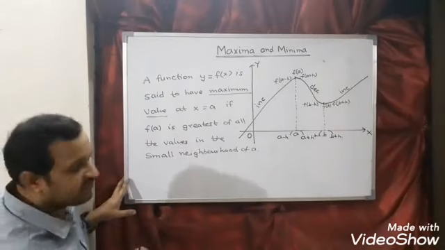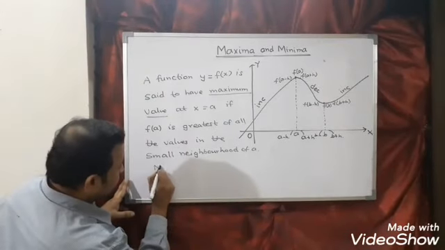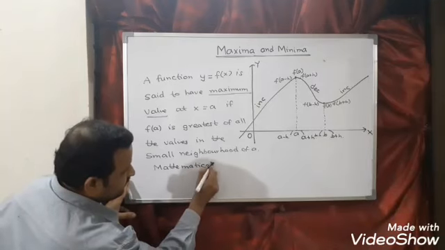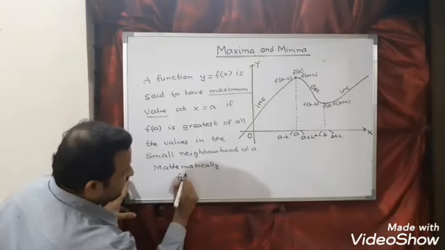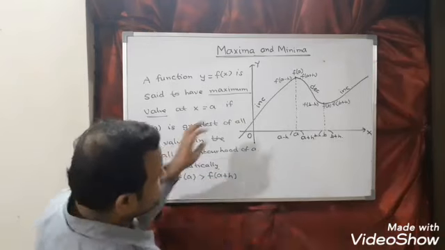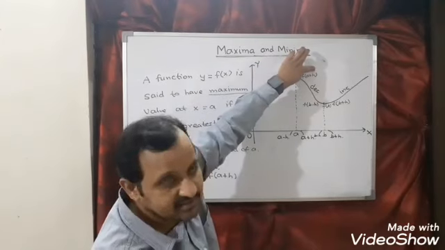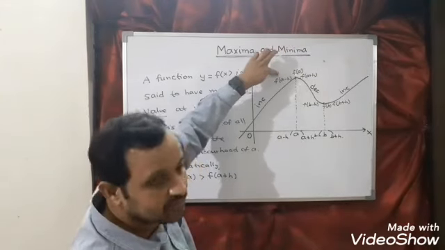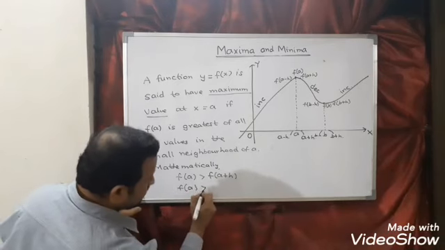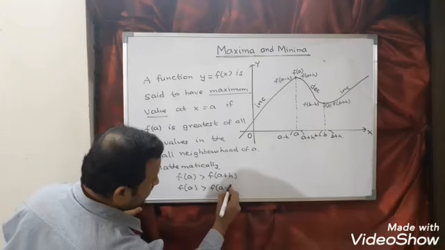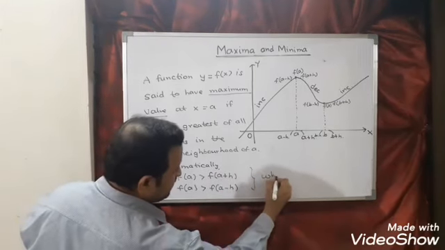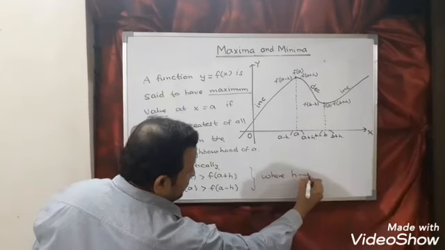So this is the definition of maximum value, and mathematically we can write it as follows. See the figure: f of A is greater than f of A plus h. You can see this value is more than this, and this value is also more than this. So f of A is also greater than f of A minus h, where h is tending to 0.